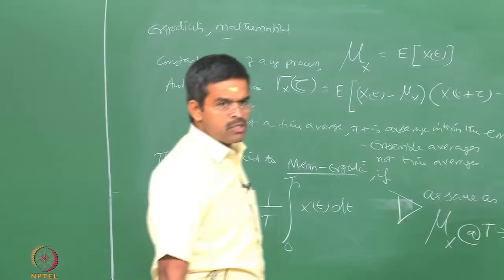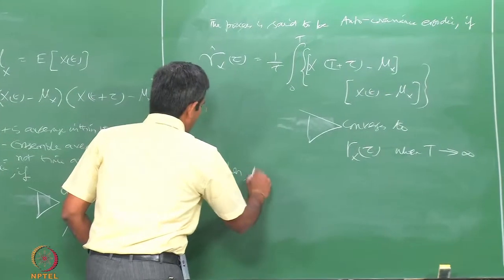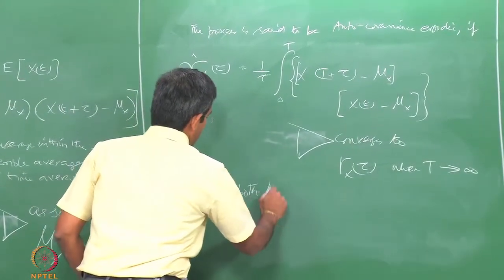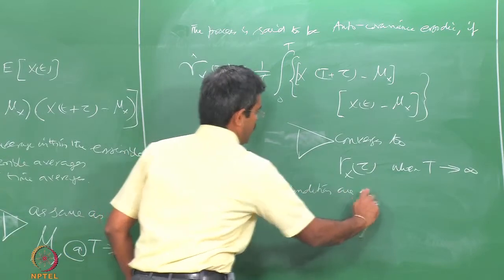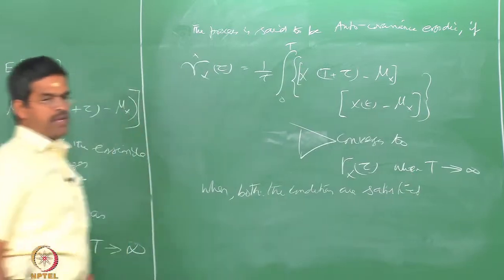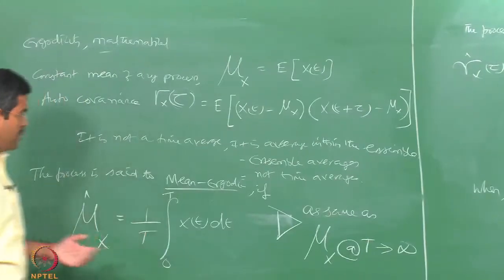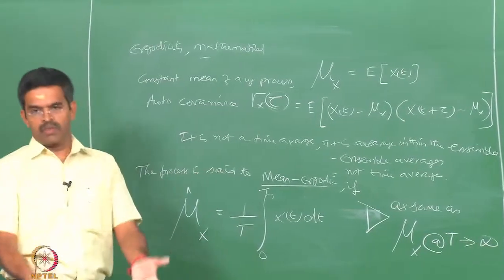Now, a process is considered to be ergodic when both the conditions are met. When it is both mean ergodic and autocovariance ergodic, the process is said to be an ergodic process.